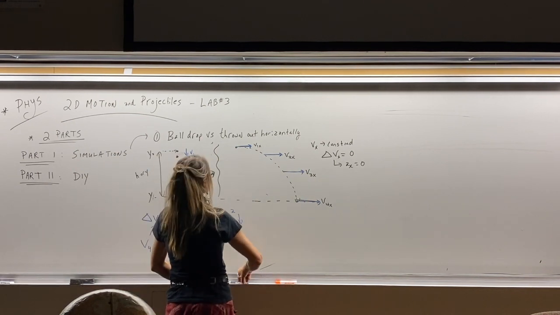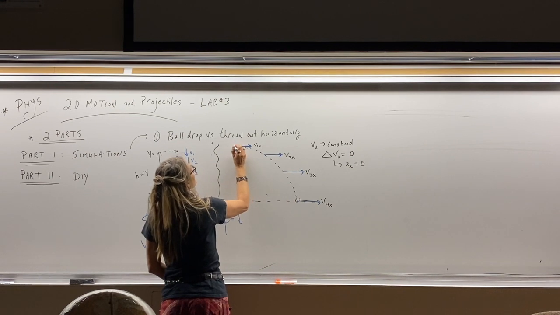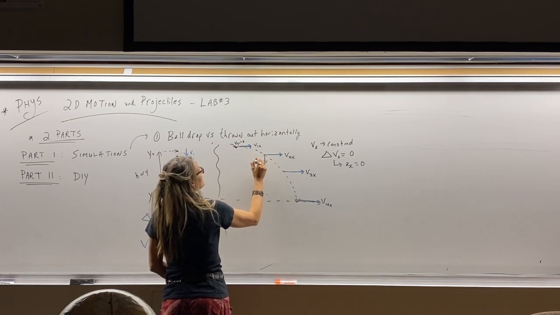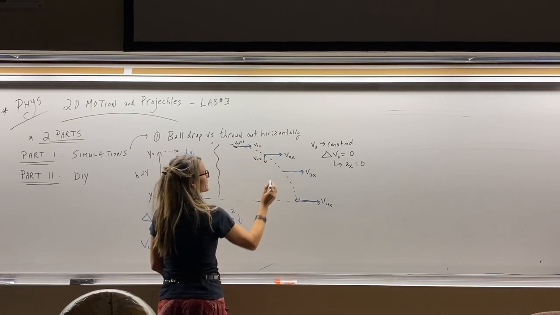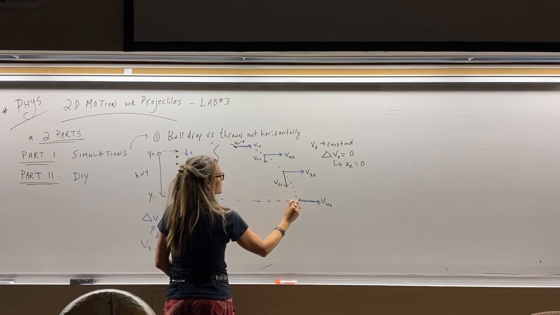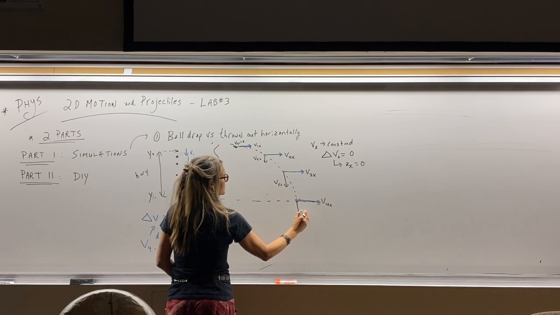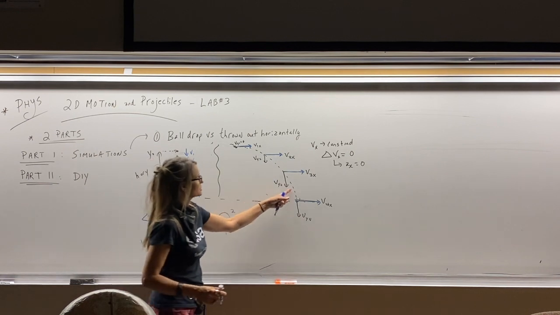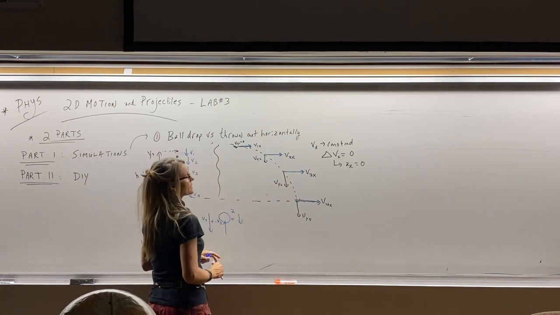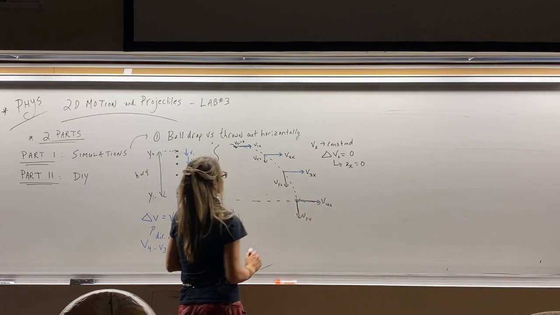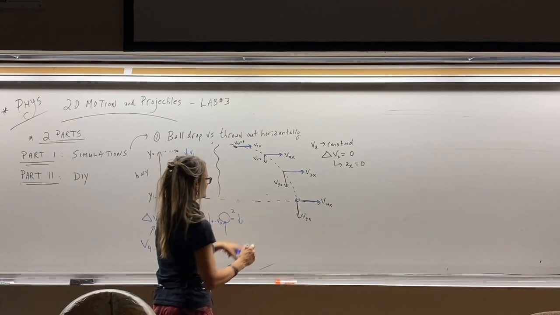So what's going to happen is we're going to have Vy0, and then we're going to have it slowly, Vy2 will increase some more, and then probably should have drawn this a little further up, but that gives you an idea what's happening. This should be a larger vector.